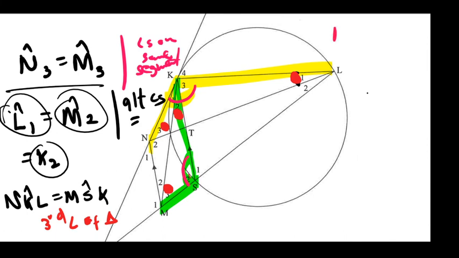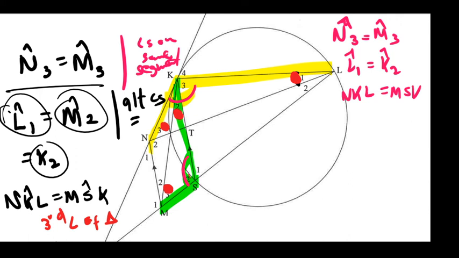We've proven that angle N3 equals angle M3, angle L1 equals angle K2, and angle NKL equals MSK. So therefore you can now conclude that these two triangles are similar.